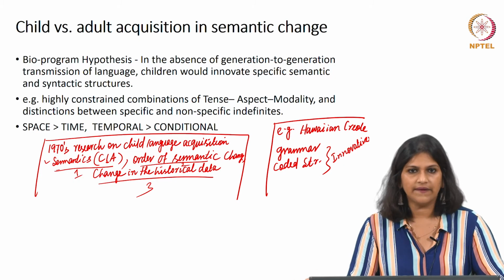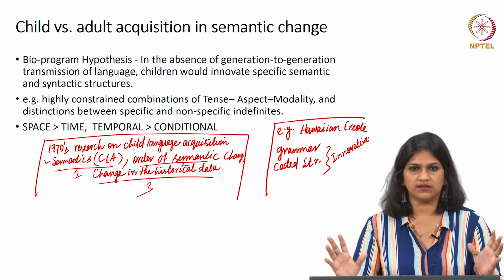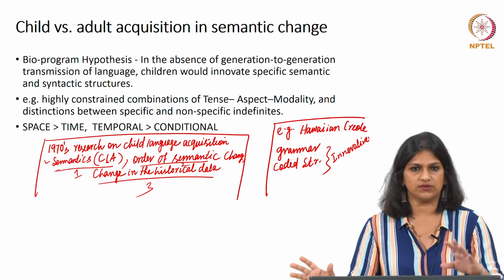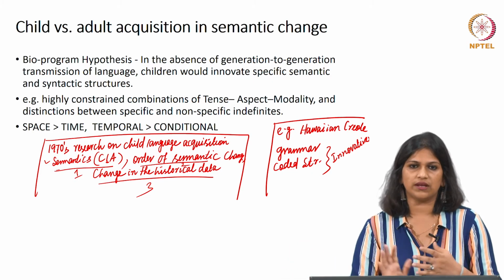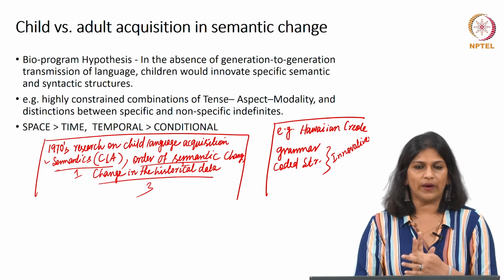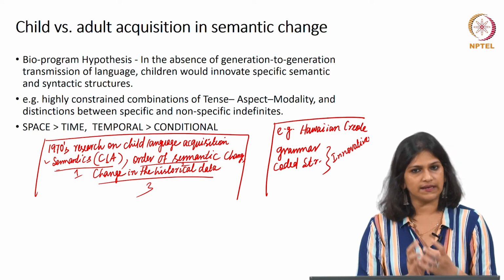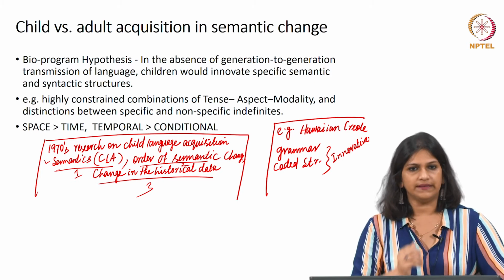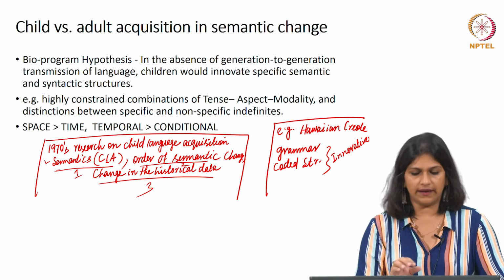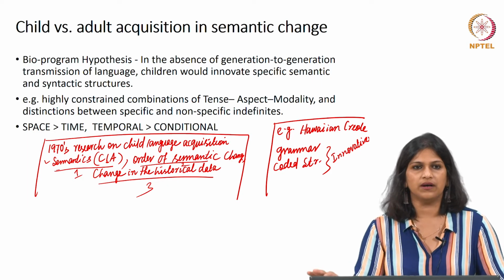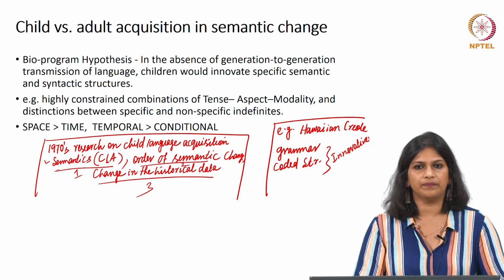Similar is the case with spatial and time-related things. Spatial phrases come to the children quite earlier than the time-related ones, and that triggers a lot of semantic changes. And this data comes from the Hawaiian Creole examples.